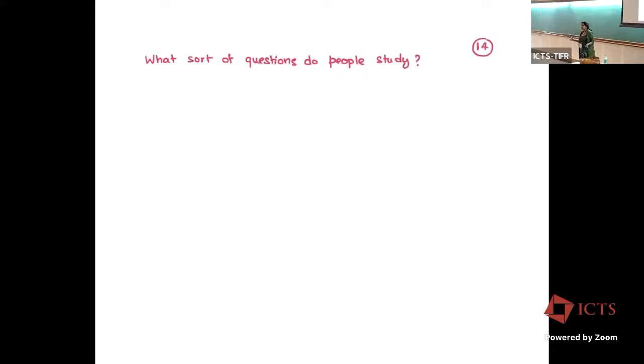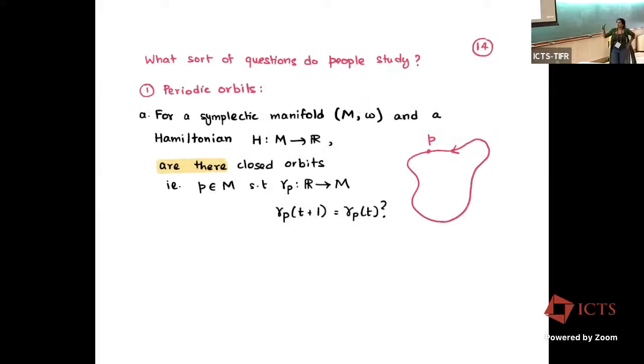So now I set up all this, and it's some way of understanding some mechanical systems. What do I do with it? What questions do people try to solve? The first sort of question is, we were looking at points moving. Once you've given them this H function, they're moving around, right?